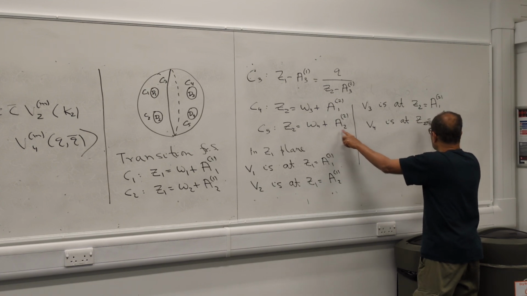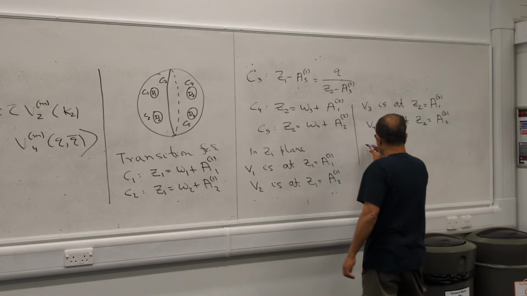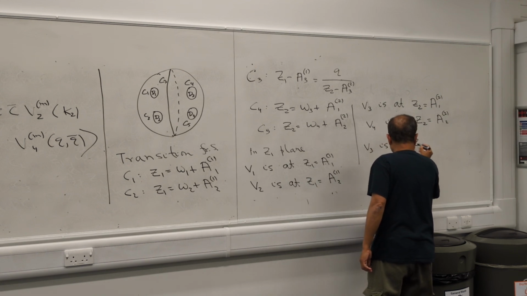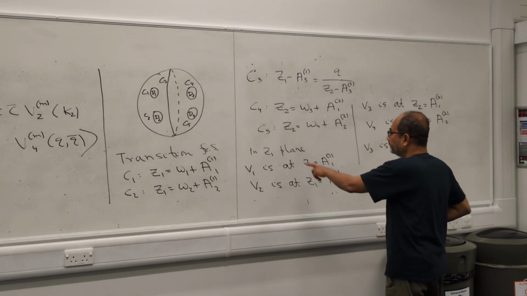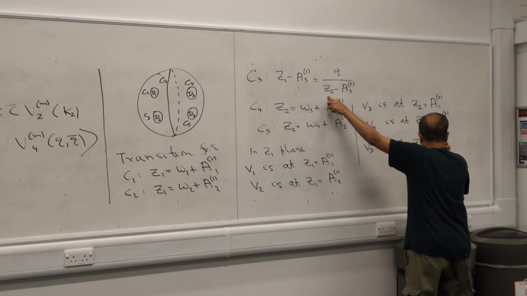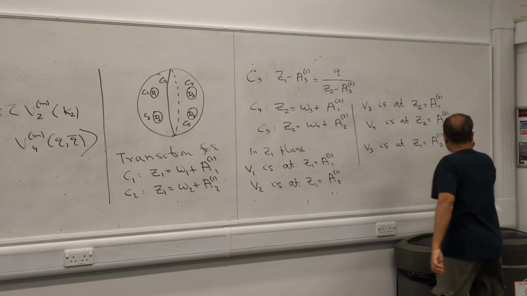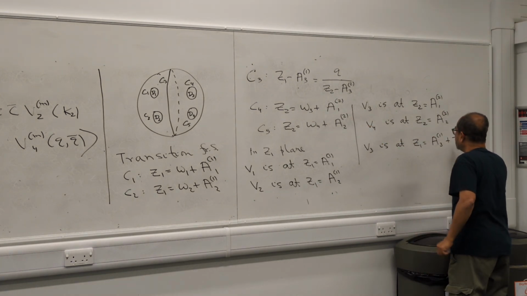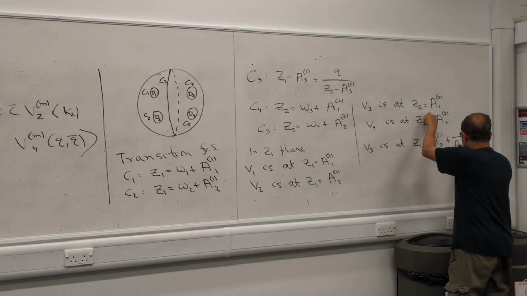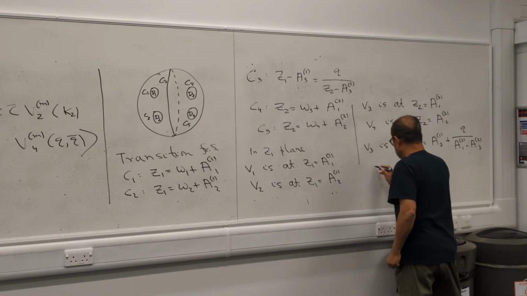Okay. But you want to convert this into the Z1 plane. So V3 is at Z1. You see from here, we can find a relation between Z1 and Z2, say Z1 equal to A13 plus Q over Z2 minus A23, and V4 similarly.